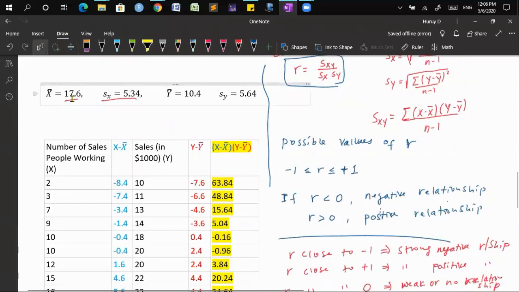The y bar is 10.4, and I'm sorry, this has to be the other way around. I did something wrong here. This has to be y, and this has to be x.